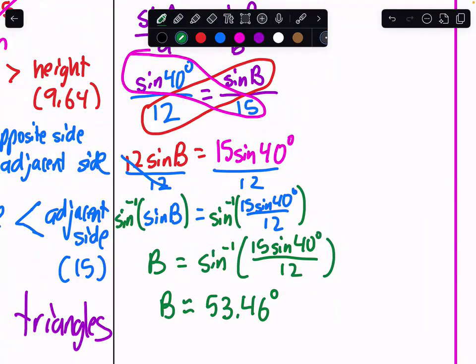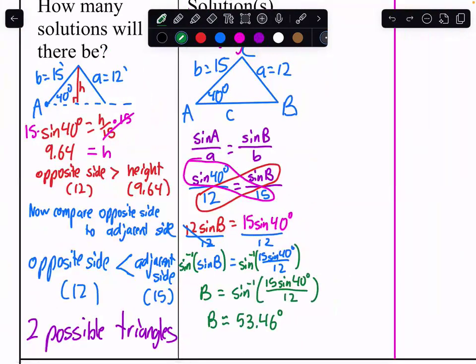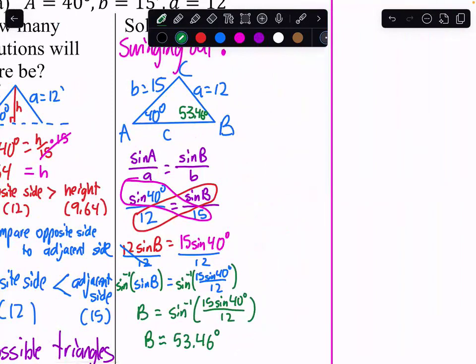Okay, so angle B will round to 53.46 degrees. Let's go and fill it in on our diagram above. Now that we know two of the angles, we can get the third by doing the sum equals 180, right?